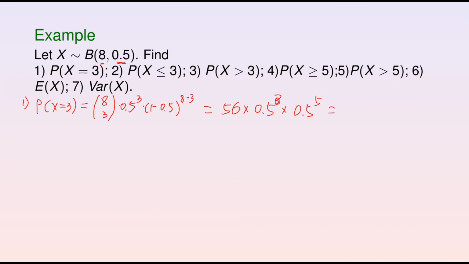Let's calculate together: we got 0.21875. If you want to round to 3 decimal places, that's fine, but leaving it as it is is also okay for this question. So this is the probability of x equals 3.